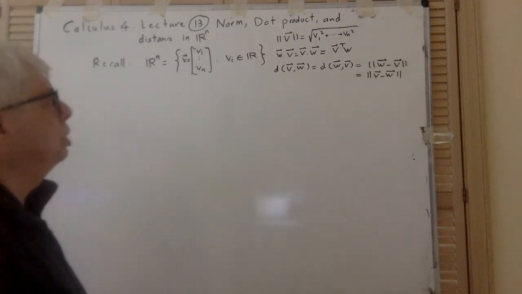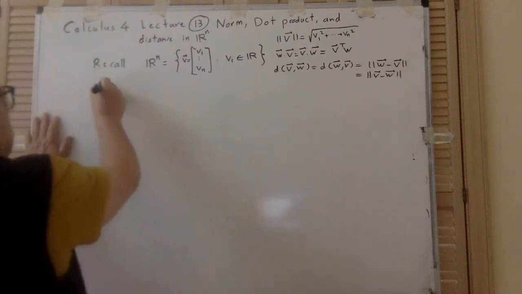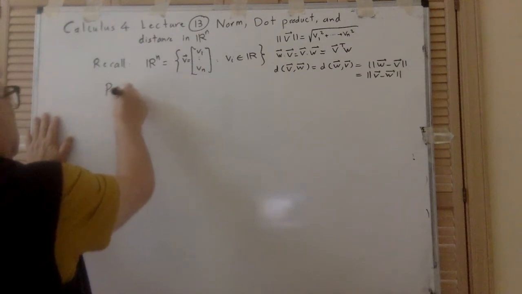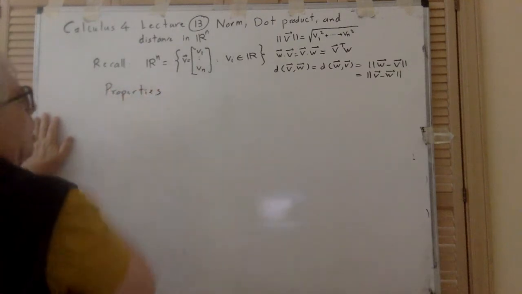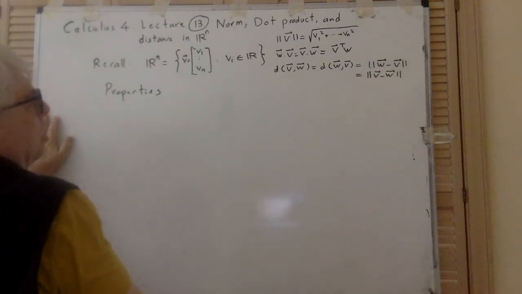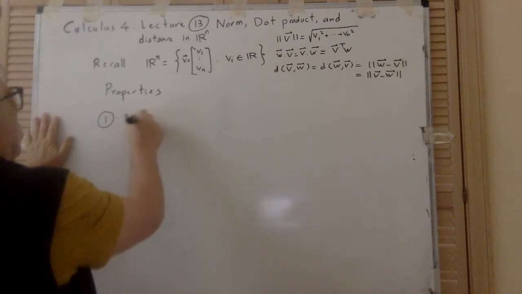Okay, let's see what properties I can come up with, some simple ones and some more difficult ones. What happens if I multiply V by some scalar? What is the norm of kV?